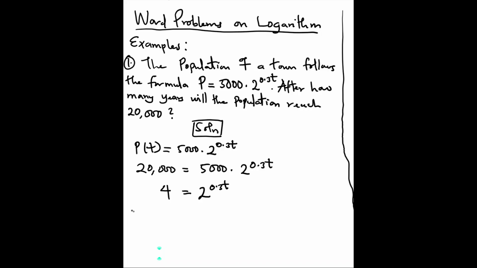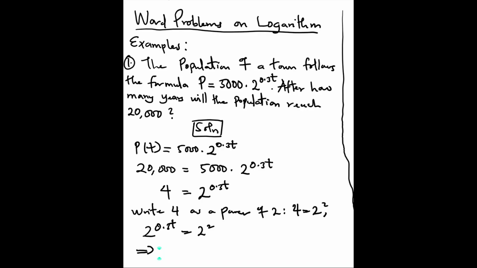So 4 equals 2 raised to power 2. So 2 raised to power 0.3t equals 2 raised to power 2.